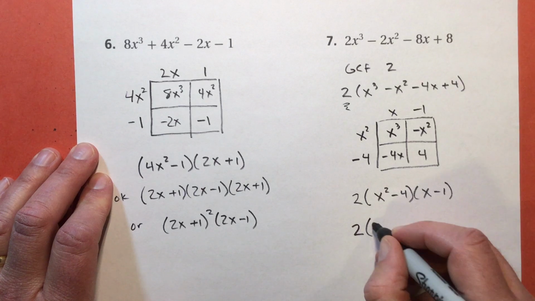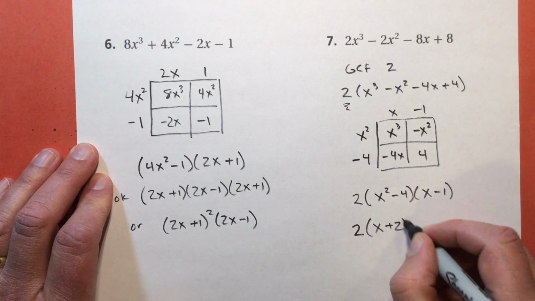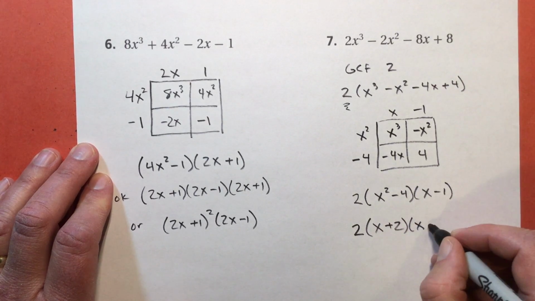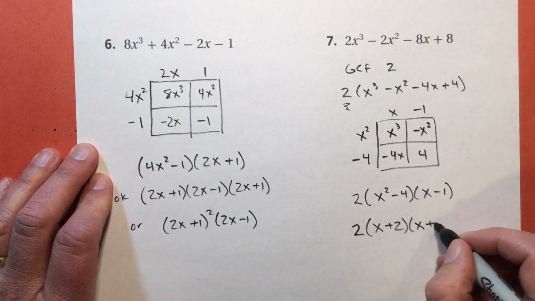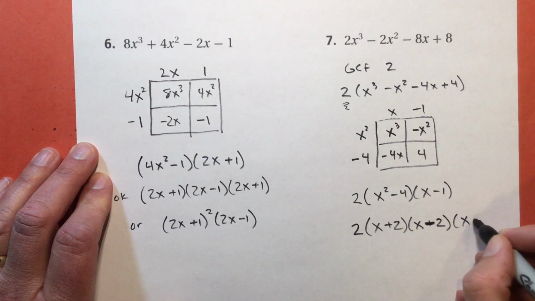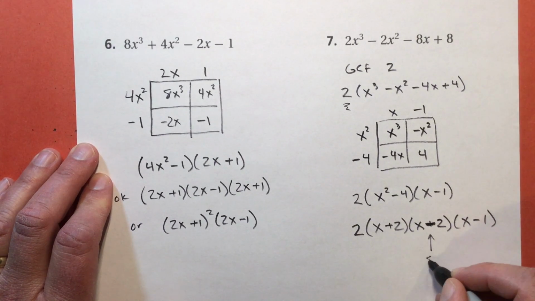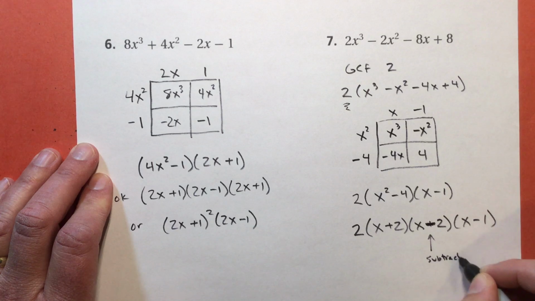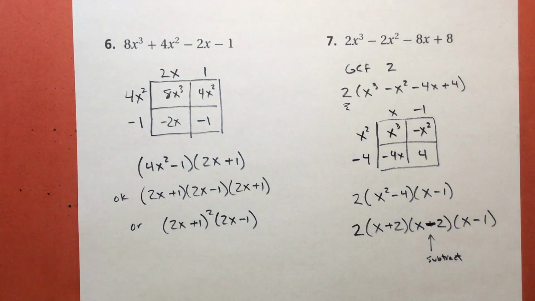So my final answer is 2 times x minus 2 times x plus 2 times x minus 1. Sorry, that's a subtract. That's why I should have waited till I was done writing it instead of saying it. All right.